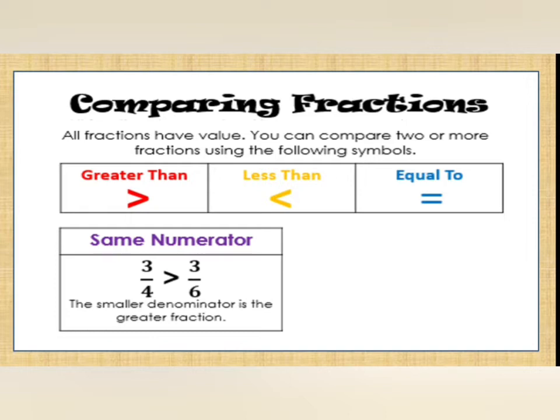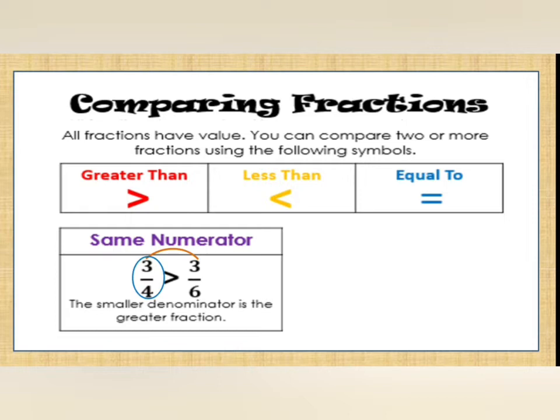When the fractions having same numerator, then the smaller denominator is the greatest fraction. See here, the numerators are same. So we can compare the denominators, that is 4 and 6. Here 4 is the smaller one. So 3 by 4 is the greatest fraction.